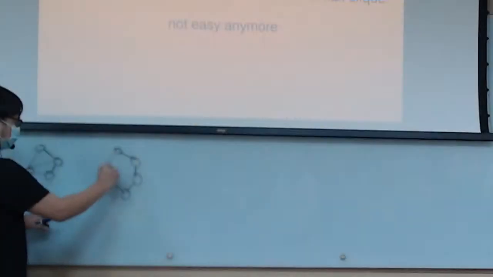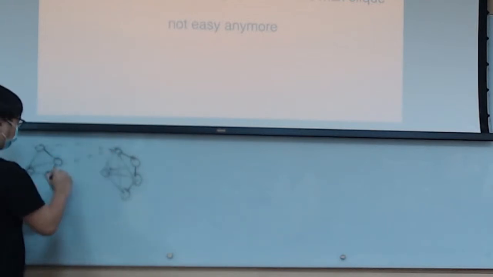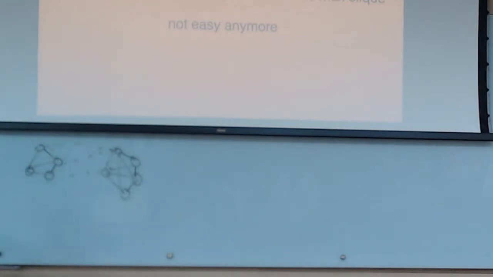It's something like this, and then there's a complete 5, and there can be edges in between. This might actually form a bigger clique. These 6 nodes are actually a bigger clique, right? How do you find the maximum clique?